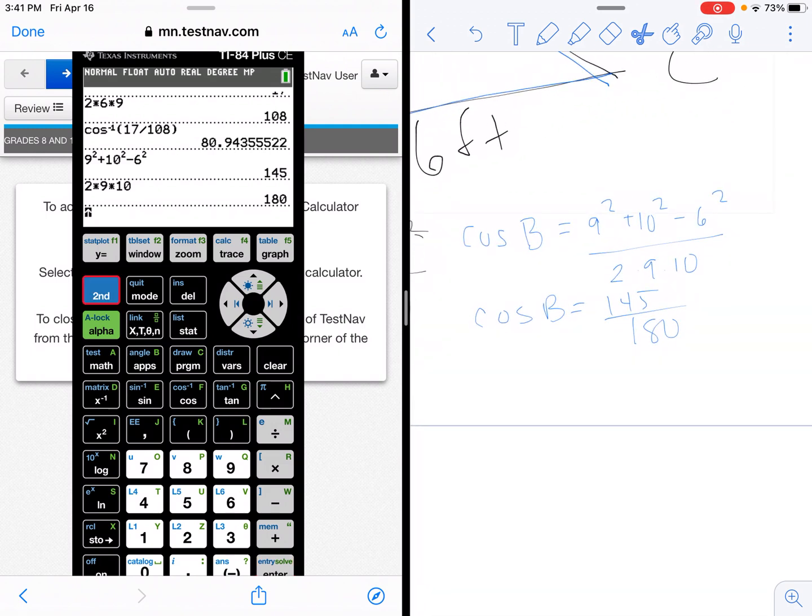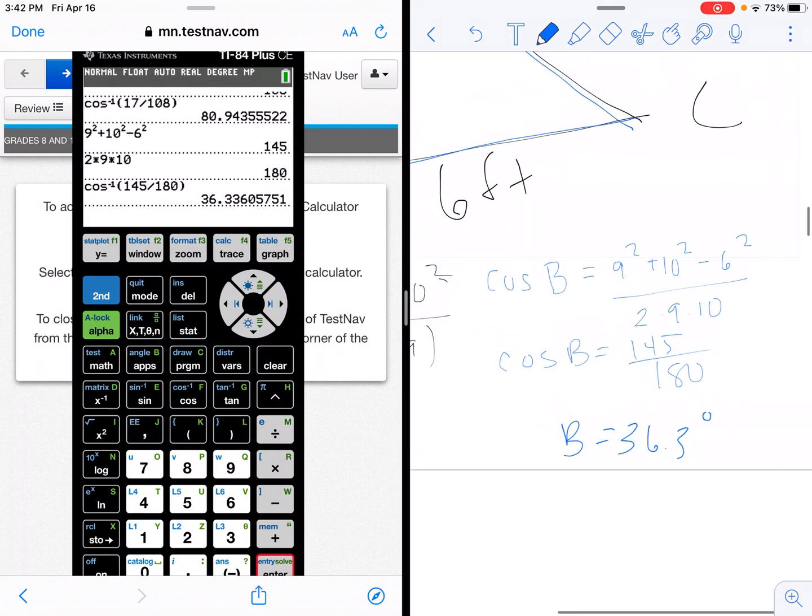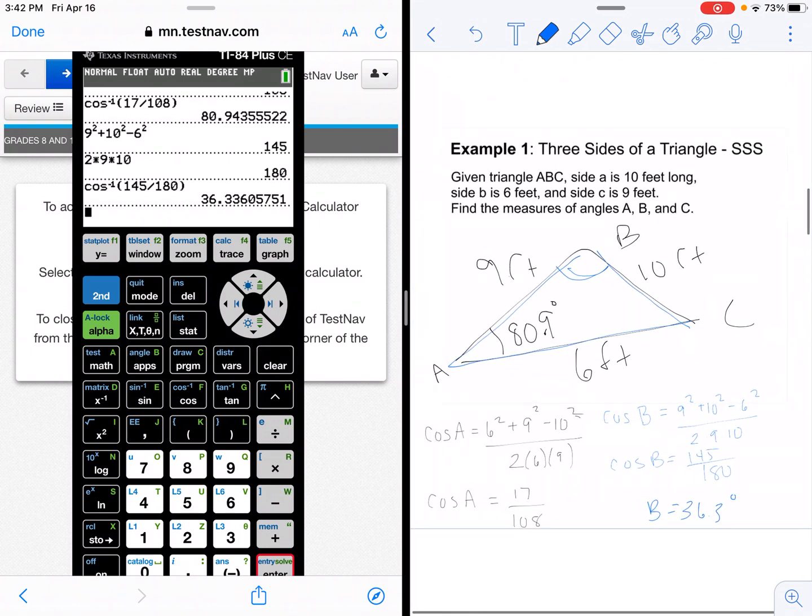And now I'm going to do the inverse cosine of 145 divided by 180. And I get angle B equals 36.3 degrees. Now, once you know two of the angles in a triangle, you know that all the angles add up to 180, and so you can find the third angle without any trig.